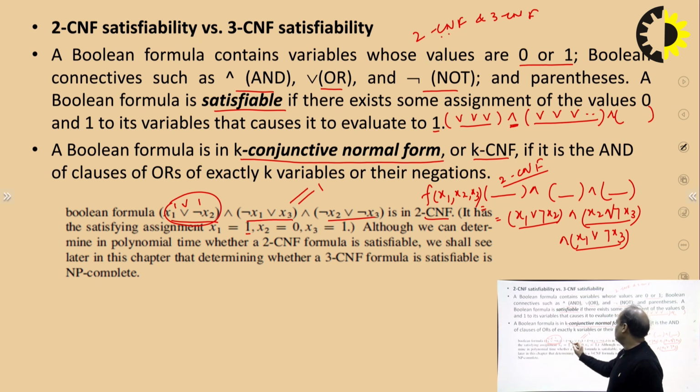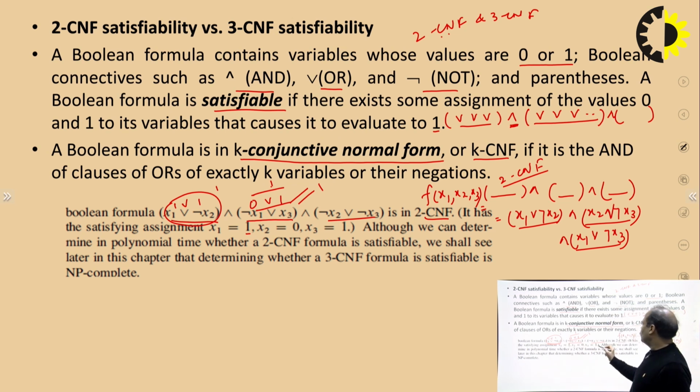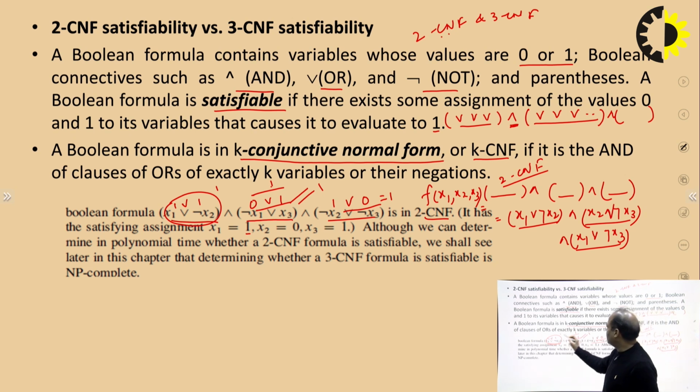Not x1 is 0 or x3 is 1, so this is also 1. Similarly x2 is 1 or not x3 is 0, so this is also 1. Ultimately we get 1 and 1 and 1, so the value is 1.